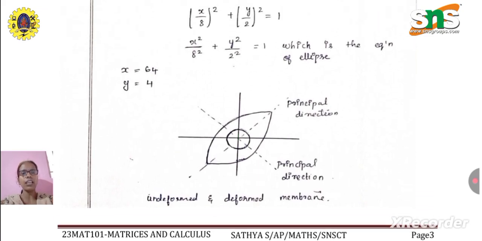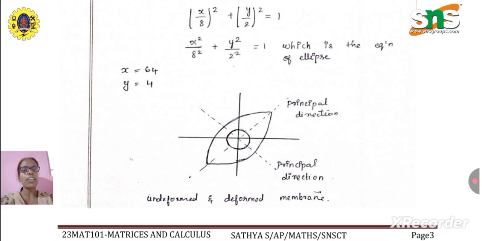Okay, I think now you got an idea about the elastic membrane. Initially we started with the characteristic equation, eigenvalue, eigenvector. Then for each eigenvector, we need to find the angle. For that, we are going to use the cos inverse formula. If there are two values in the eigenvector, we need to write two cases. So finally we are going to get the angles 45 and 135, which are in the x direction.